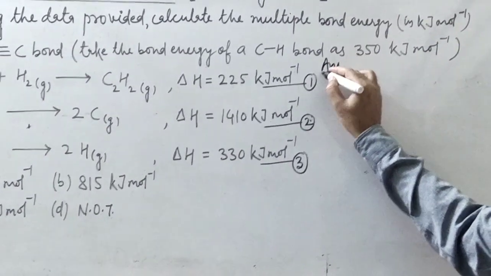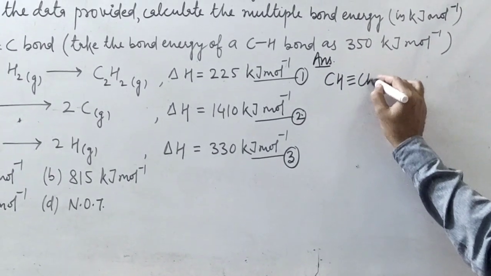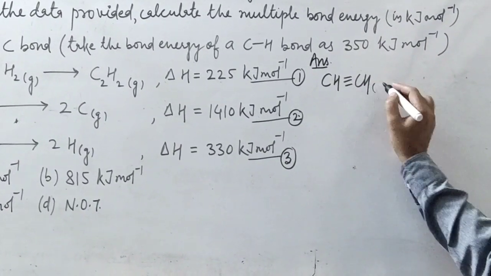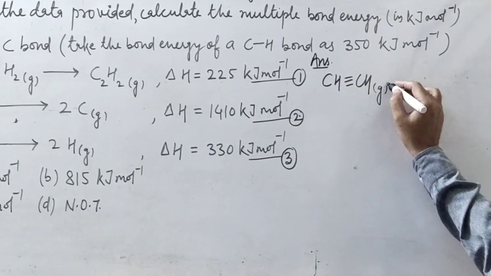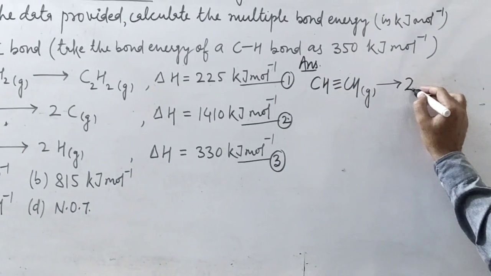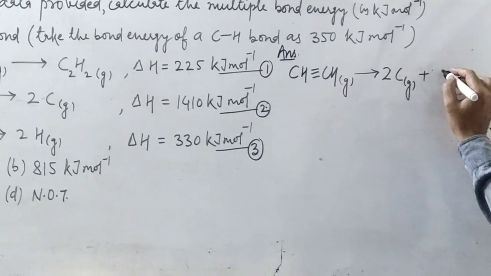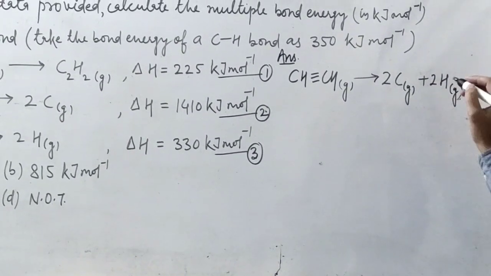First you have to write the reaction of cleavage of C triple bond C, means ethyne. When ethyne, that is C2H2, is cleaved, it gives 2 atoms of carbon in gaseous state and 2 atoms of hydrogen in gaseous state.